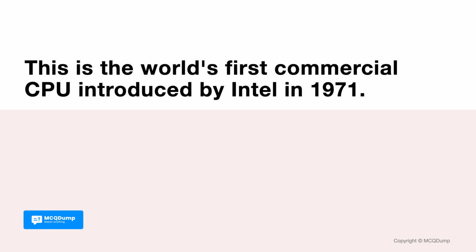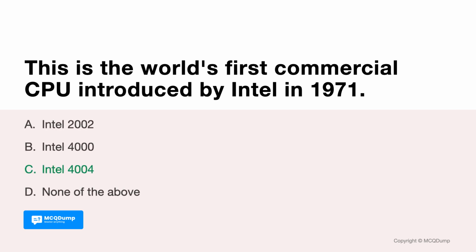Answer is C. Intel 4004. The world's first commercial CPU was Intel 4004, introduced by Intel in 1971. It was a 4-bit CPU. It clocked at 740 kHz. And could execute up to 92,600 instructions per second.